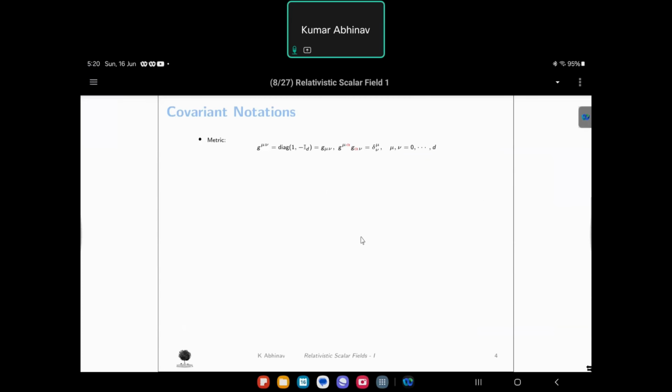So we have a diagonal metric denoted by the g mu nu tensor. Mu and nu can take d+1 values in a d-dimensional space. The zero index corresponds to time. Like our spacetime is 3+1 dimensional, that is the Minkowski space, we know. And there are covariant and contravariant counterparts, and they contract according to this rule, which gives you a Kronecker delta.